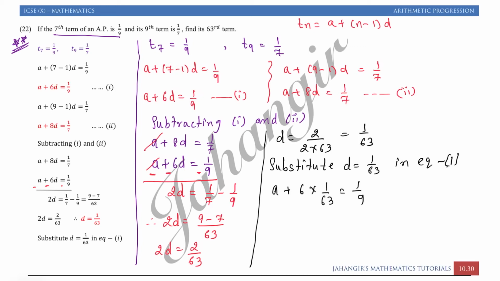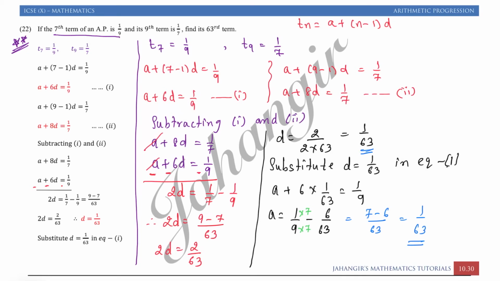So 6 by 63 you can shift to the other side. a is equal to 1 by 9 minus 6 by 63. To make the denominator the same, we will multiply by 7. 9 7s are 63. So I can get (7 minus 6) upon 63, that is 1 by 63. We got a is equal to 1 by 63, d is equal to 1 by 63.